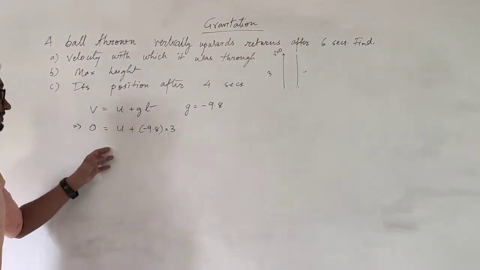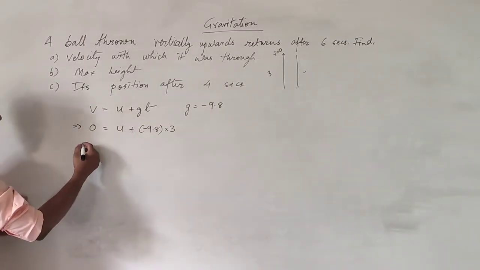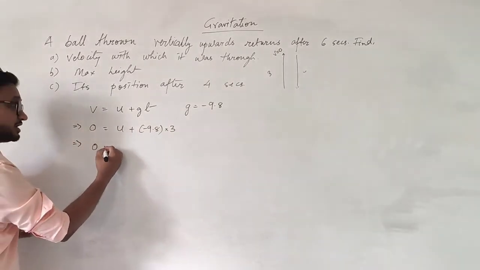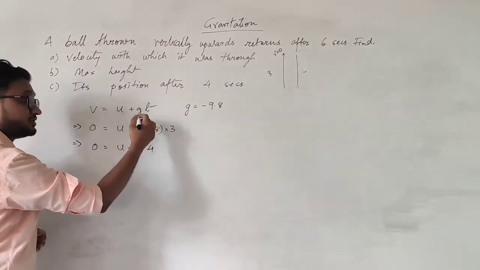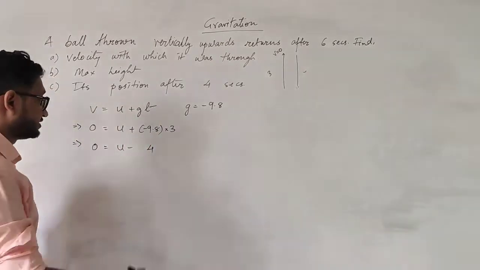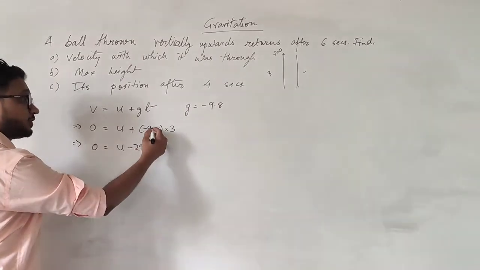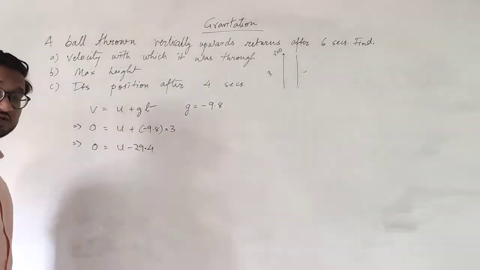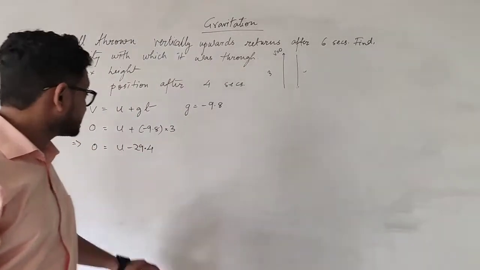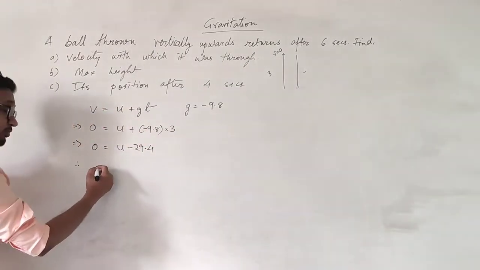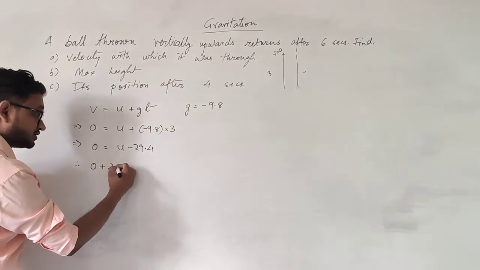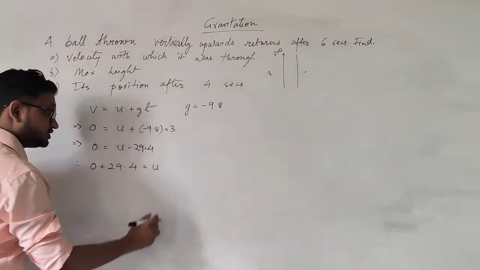Remember that. Now, because this is negative over here, we will have 0 equals u minus 3 into 9.8, which is 29.4. So it becomes minus 29.4. This minus 29.4 goes on the other side, becomes plus 29.4, so it becomes 0 plus 29.4 equals u.